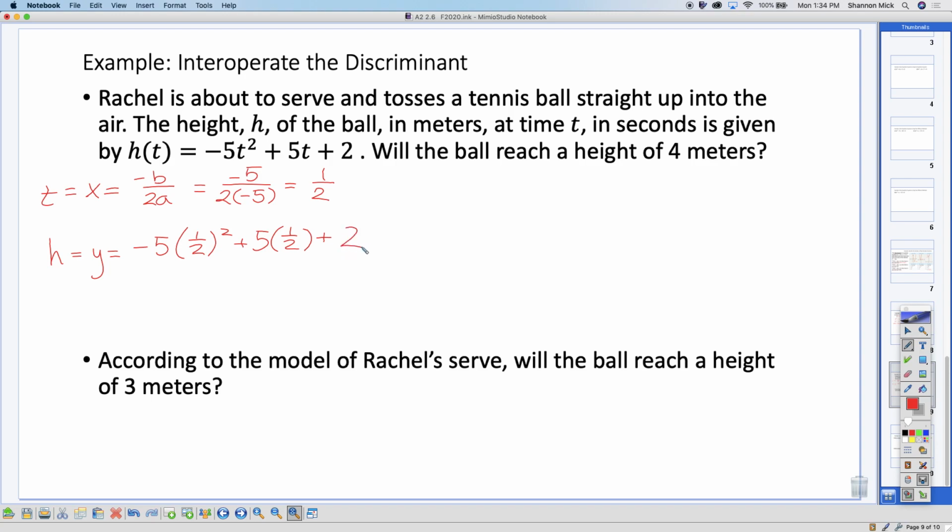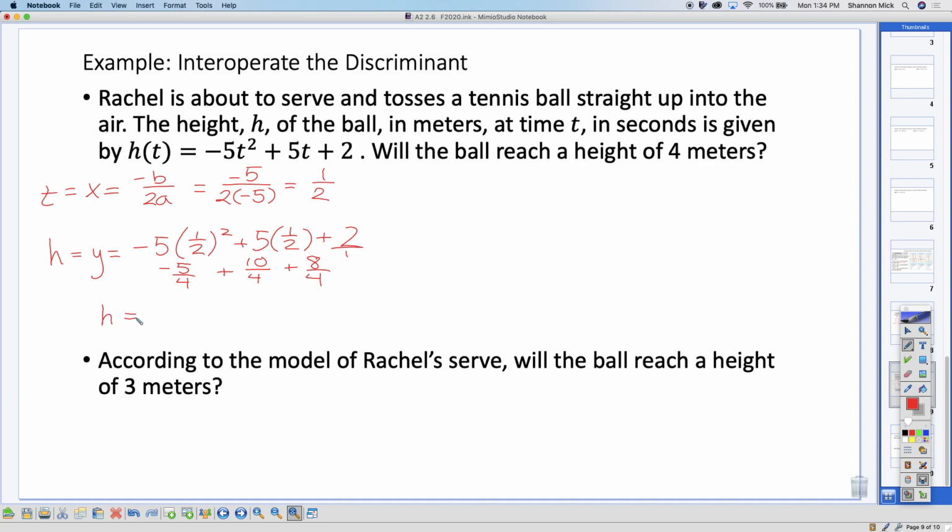Well, 1/2 squared is what? 1/4. So it'd be negative 5/4, plus 5/2, but I need it to be fourths. So 10/4, plus 2, which is 2/1, but I need it to be 4, so 8/4.